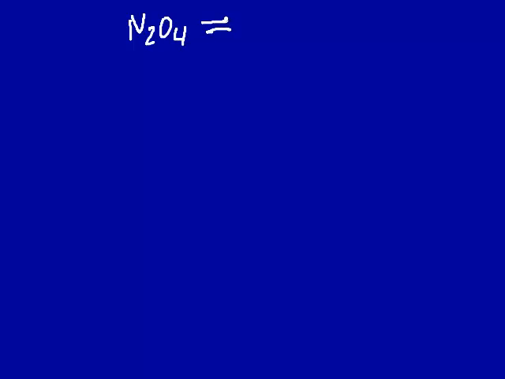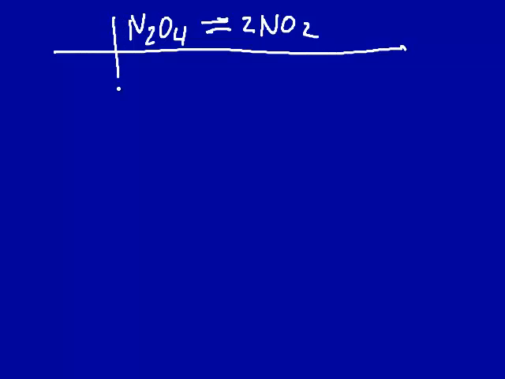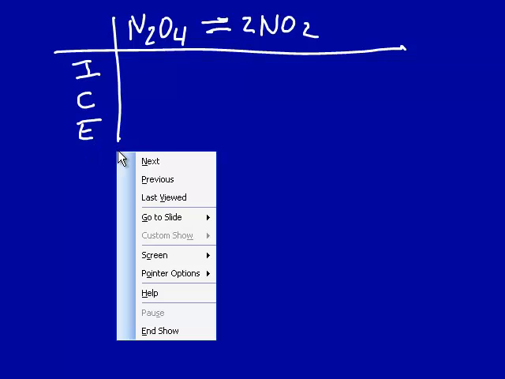It's in equilibrium with 2NO2. Okay, and here we're going to make our table. So we'll have our initial concentrations, our change, and our equilibrium concentration. All right, well, let's go back, see if we can get some information from the problem.